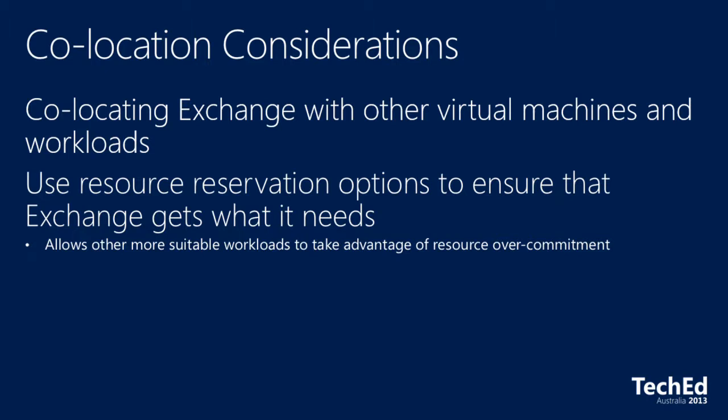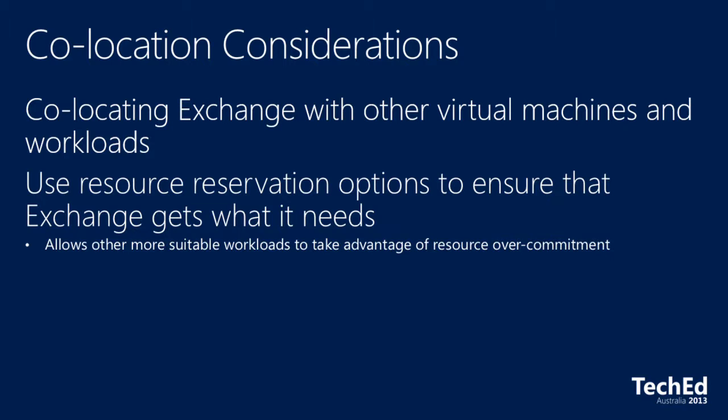So as I said before, with Exchange, it is a big app. We all know that. I've said it a few times. And the main thing is you've got to make sure it gets what it needs. So reserving the resources for it is a good way to do that. Because in that big shared environment, with the virtualization guys having a slightly different objective than yours, they might go, things are getting a bit tight here. Oh, there's this big application over there. Does it really need all those resources?